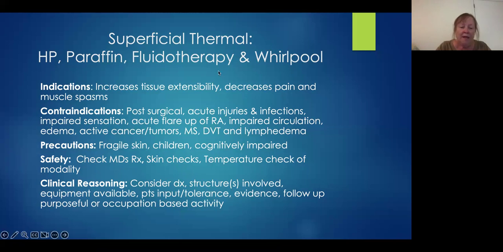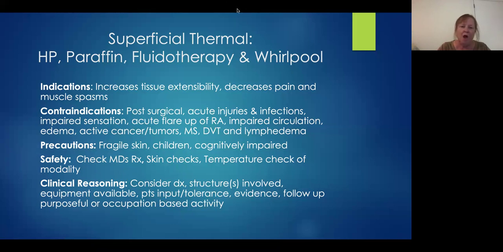And then also, temperature checks of the modality. Now, a lot of your physical agent modalities have built-in thermometers, but you should, as a second check, always have another thermometer there.